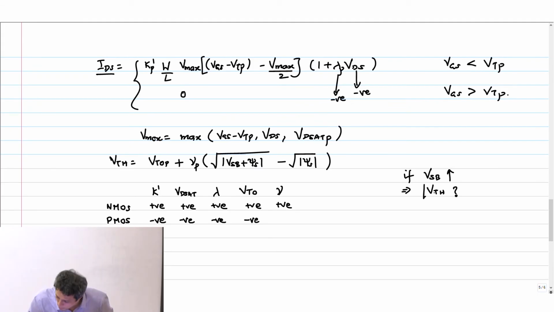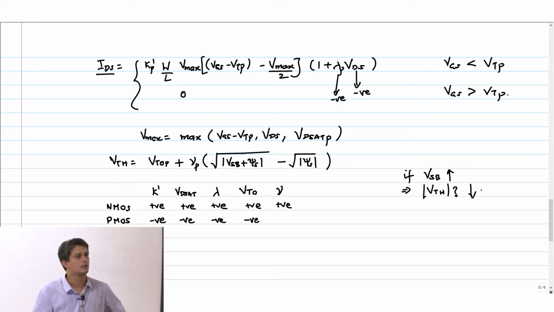Or what should happen to the mod VTH? Let's ask a simpler question. It should decrease, right? VSB goes up, mod VTH should decrease.